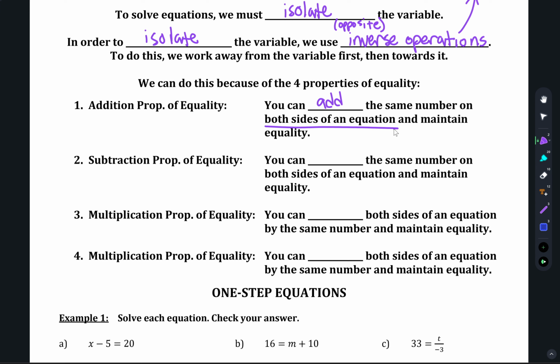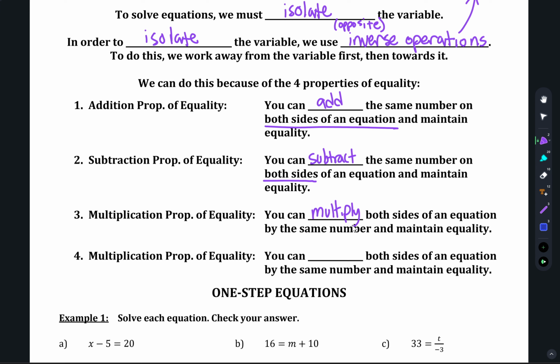So if we are moving stuff on the left side of an equal sign, we also need to be moving stuff on the right side of the equal sign. Same thing. And it's the same thing for all of our different operations. For subtraction, we know we can subtract the same number from both sides of an equation and maintain equality. For multiplication, we can multiply both sides of an equation by the same number and maintain equality.